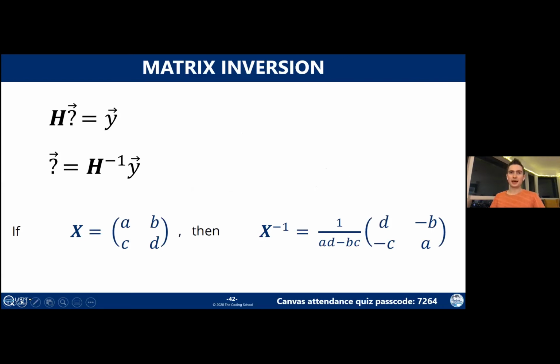Well, it turns out that we have a formula for that, just like everything else we saw before. And again, I'm not going to go into too much detail about how we get this formula or how you have some intuition about this formula. But all I'm going to say is you should memorize what it looks like and apply it. So if X equals A, B, C, D, then the inverse of X is this thing.